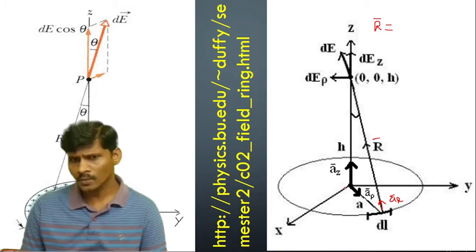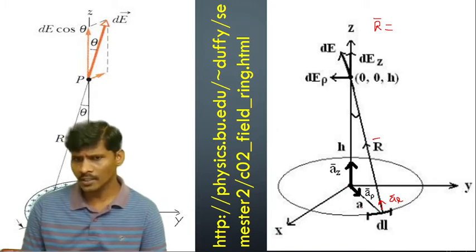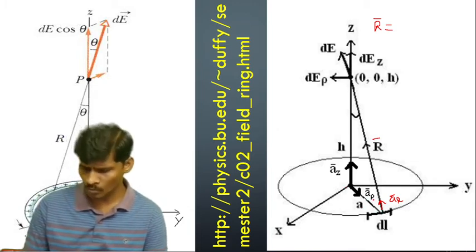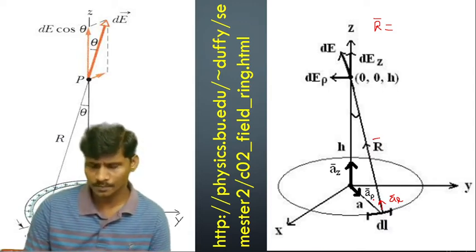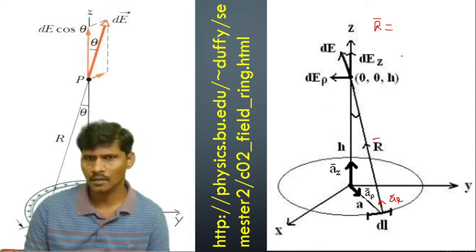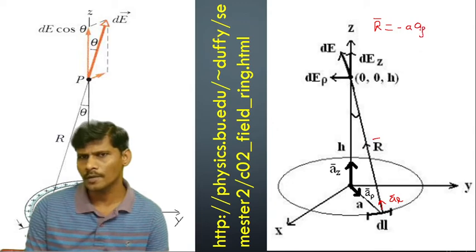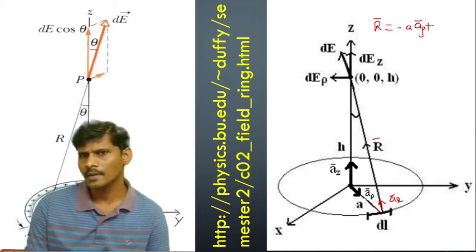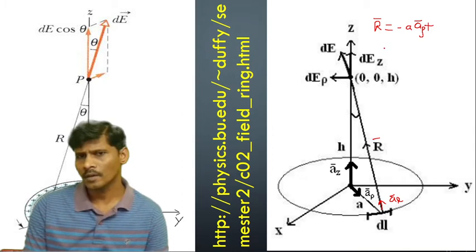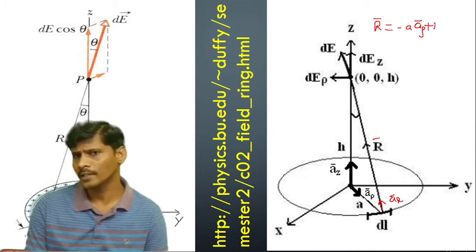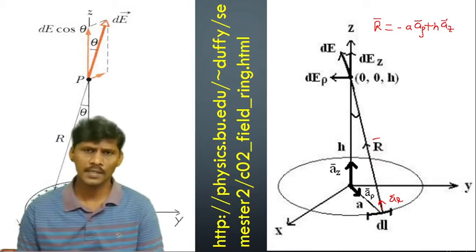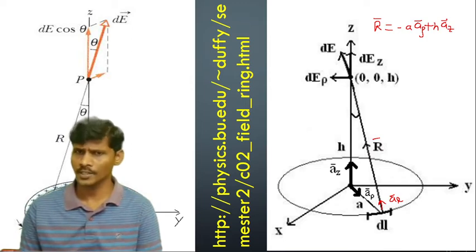So therefore, the distance vector capital R bar is equal to, what is the distance from origin to the elementary length? A, that magnitude into minus a rho bar. So R bar is equal to minus a a rho bar plus, and what is the distance from origin to the point P? h, that magnitude along the direction of unit vector az bar, which is moving towards point P. So R bar is minus a a rho bar plus h az bar.